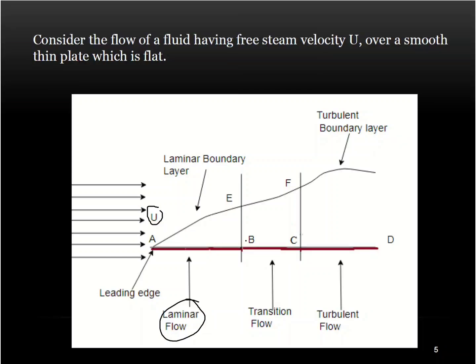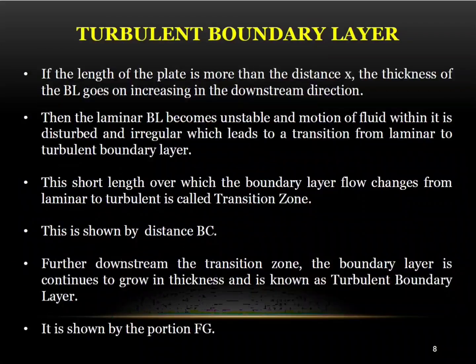The molecules already start adhering near the surface, and still fluid is continuously flowing from the backside. So the thickness of the boundary layer keeps increasing. From B the thickness starts increasing, and suddenly the laminar boundary layer becomes unstable, because, as I've told, there is fluid coming and striking from behind.